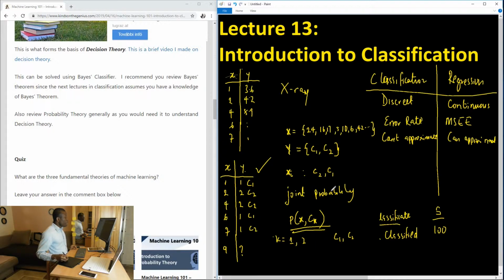So now we've introduced joint probability, and we can't go much further from here because I would like you to spend some time to review probability theory: joint probability, conditional probability, and marginal probability. So review these things, and then take some time to do this quiz. What are the three fundamental theories of machine learning?